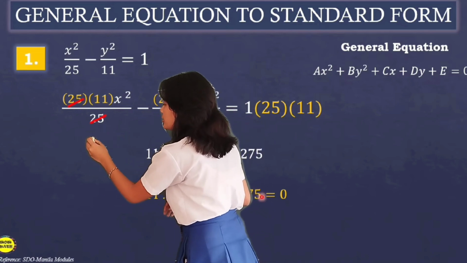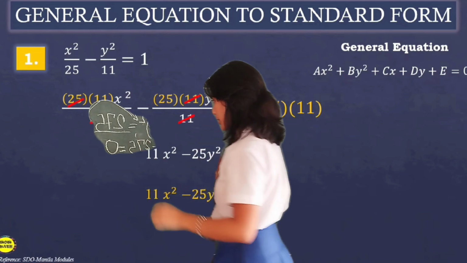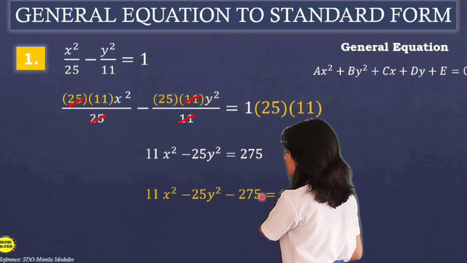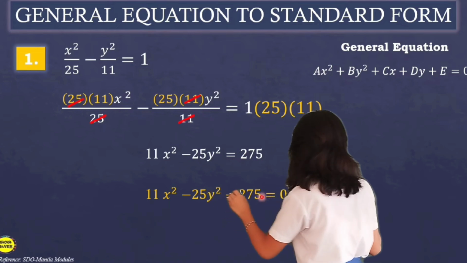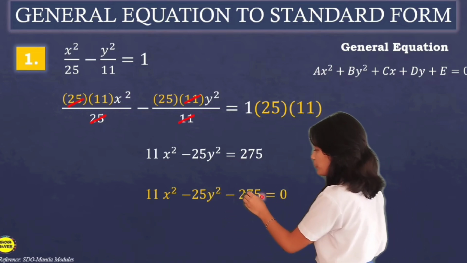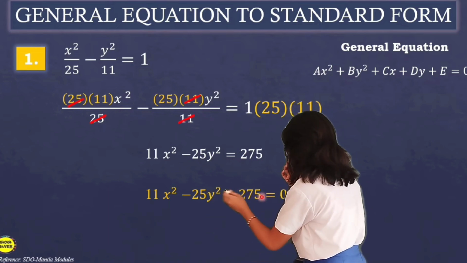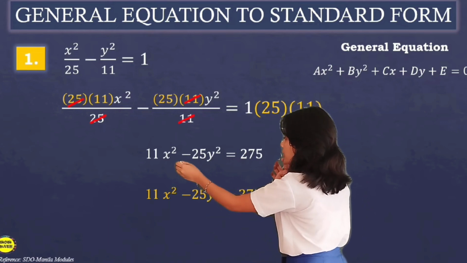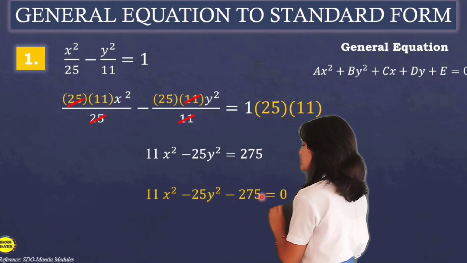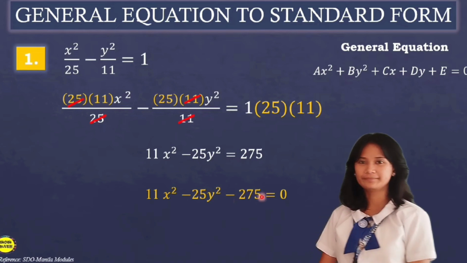Then the 275, you will need to transpose to make it 0. So here we have 11x squared minus 25y squared minus 275. Why do we get 275? Because you transpose it, so it's equal to 0.